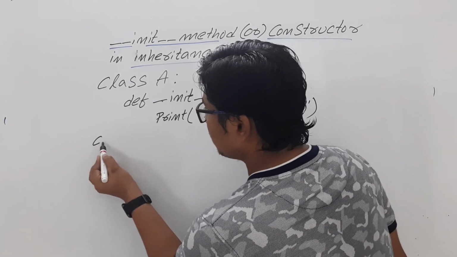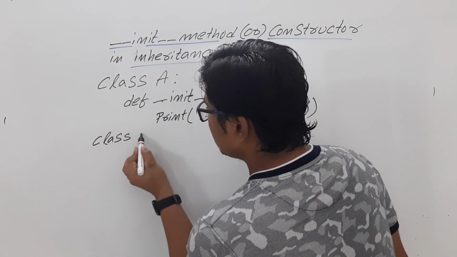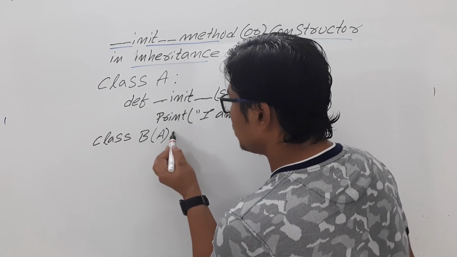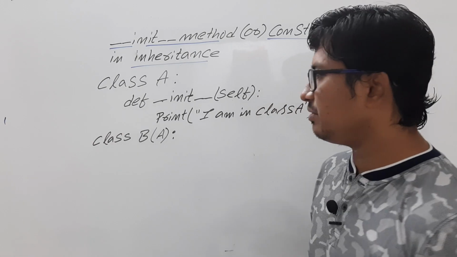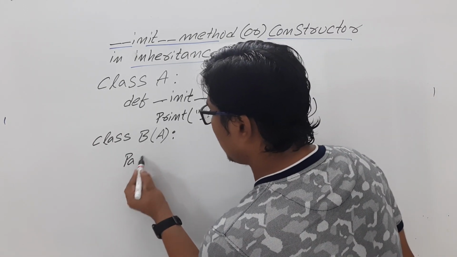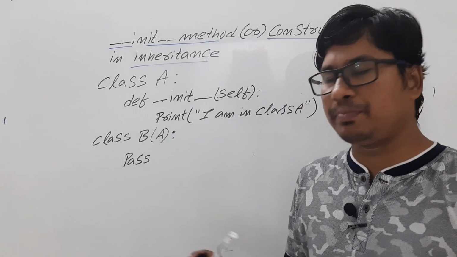Let's take that you have a class B. Class B is inheriting the properties of class A. That is what we call single level inheritance. Let's take that class B does not have anything, so I will write pass.